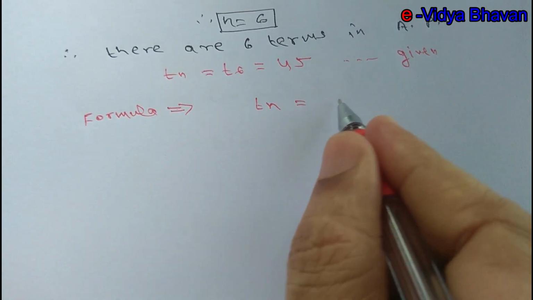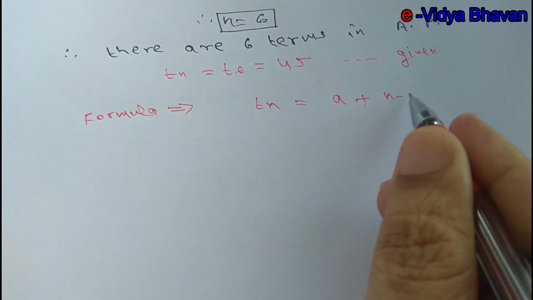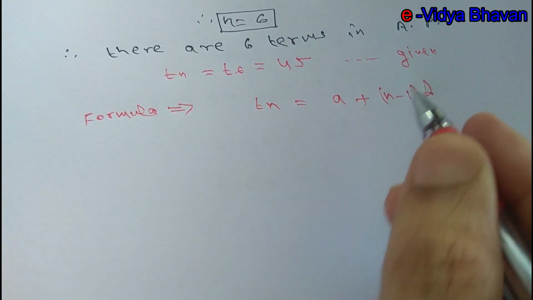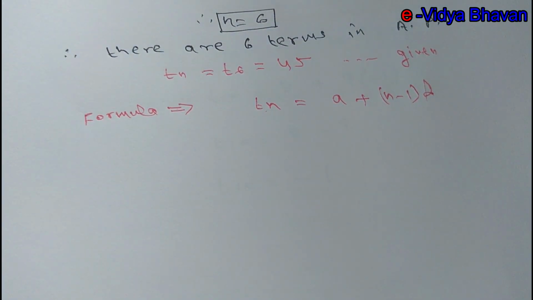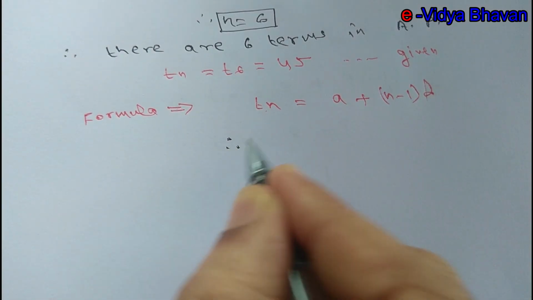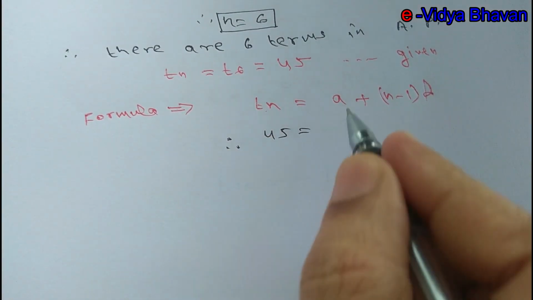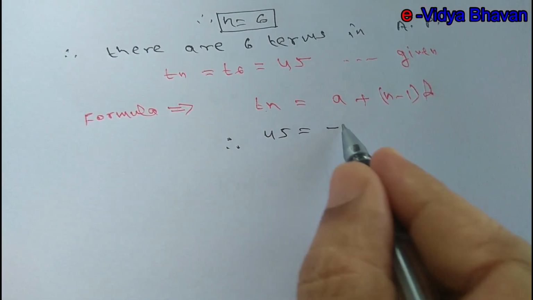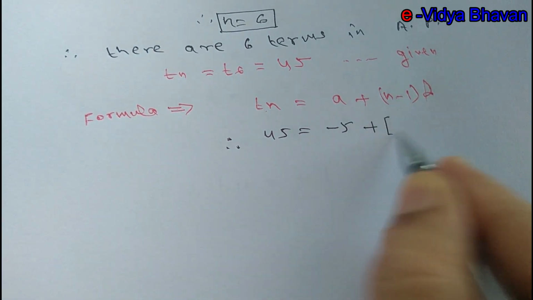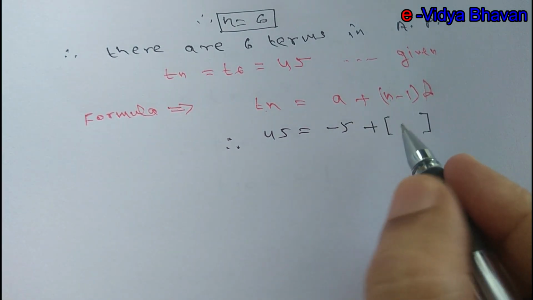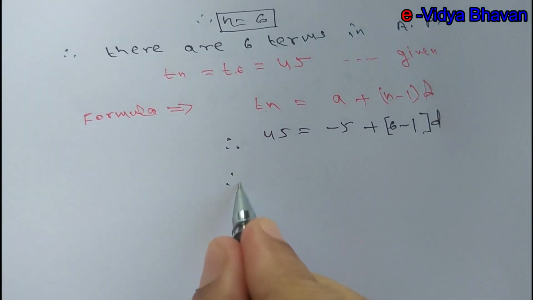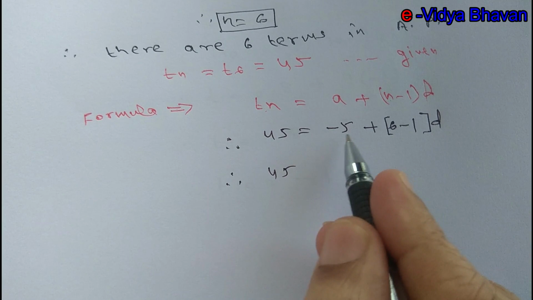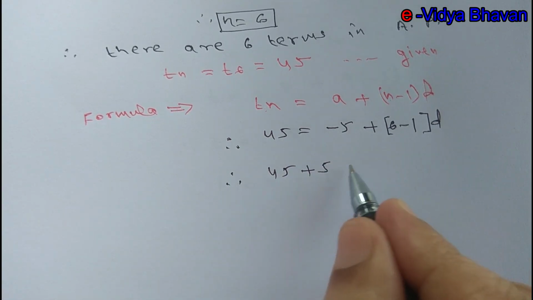Tn equal to a plus n minus 1 d, and Tn, that is 45, is given. So let us substitute the values. a is given the first term minus 5. n is given 6 minus 1 into d. 45 minus 5 will come this side, will come plus 5.